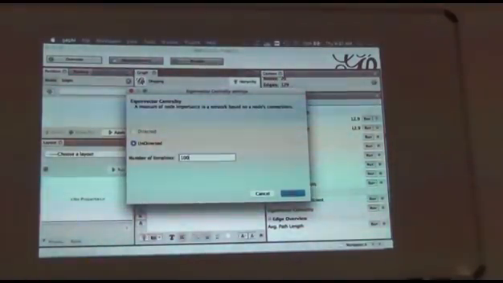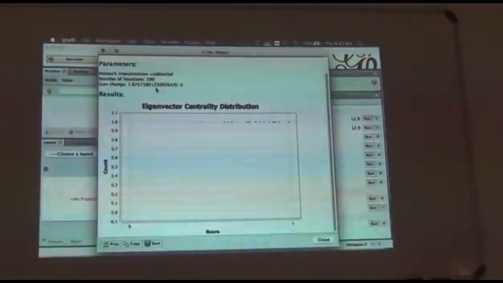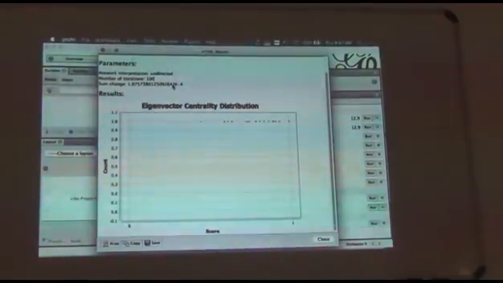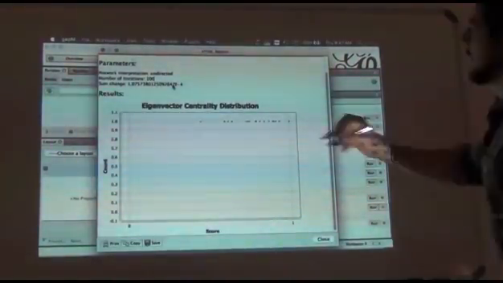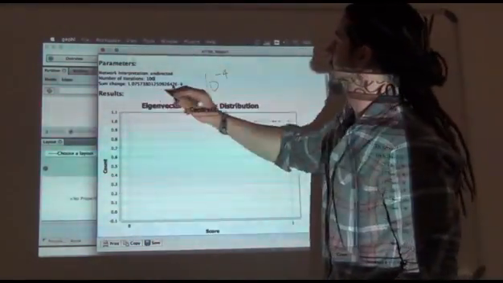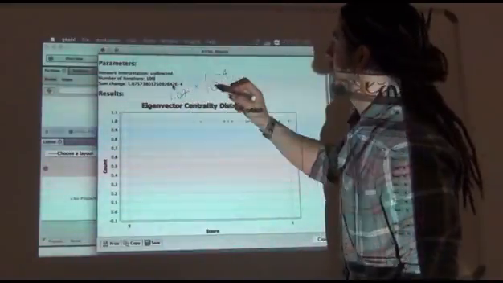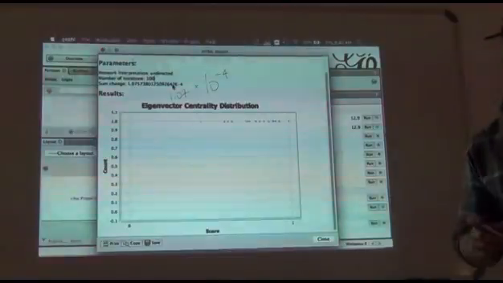Choose the number of iterations, and it will give you a value like 0.0001. This last thing here, I don't know if you know, it just means it's a pretty tiny value.